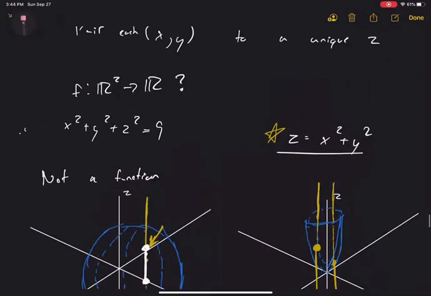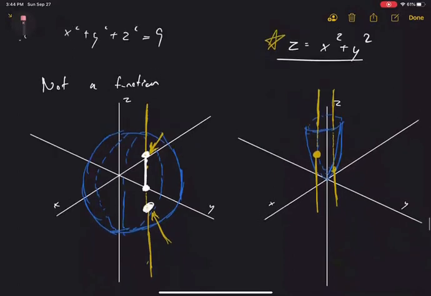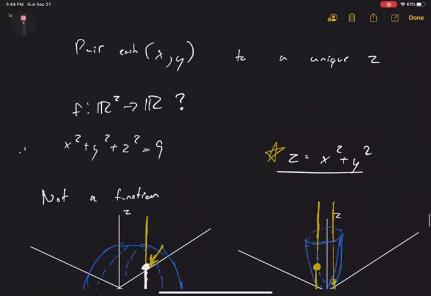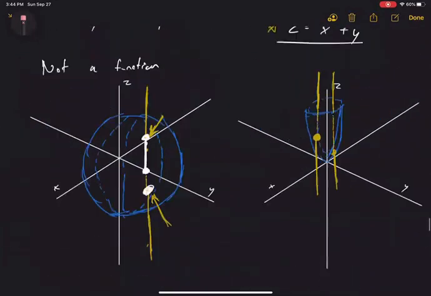And I don't think your textbook even mentions this vertical line test, but we can adapt it for these functions R2 to R, or these equations, to see if it is a function from R2 to R. And that was what was going on with our stuff in 12.6.